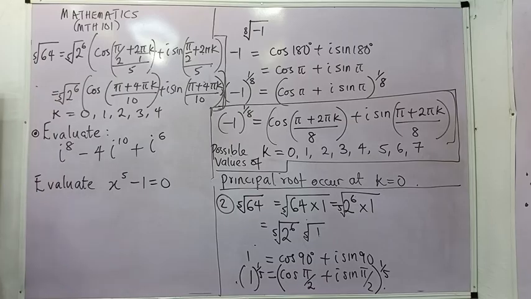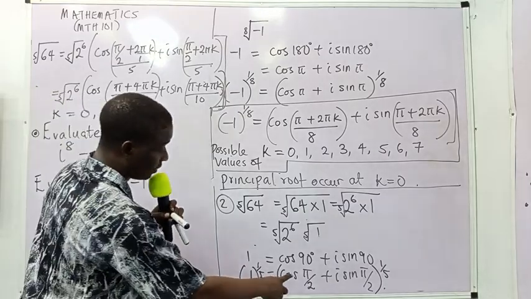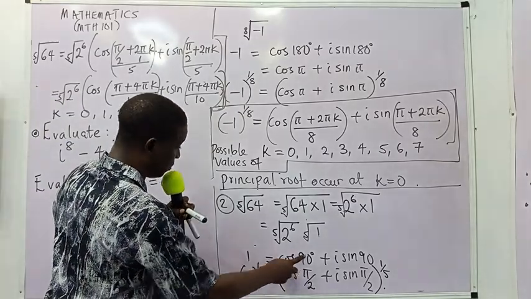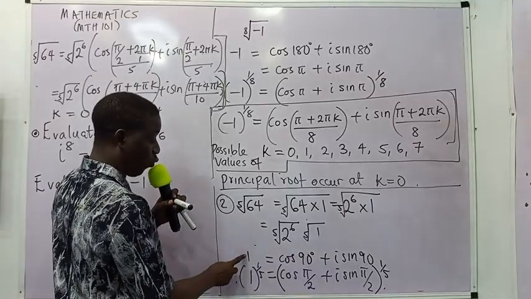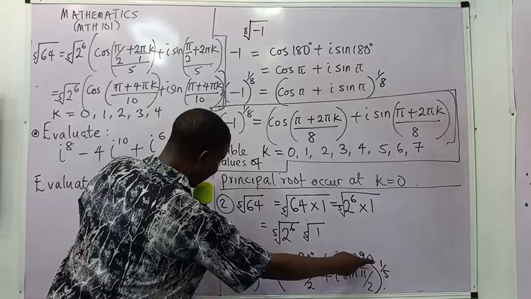But in case they present it in another way, then you can go for other ways by which the question can be presented. Now, why do I do that? Don't forget that cos 90 is 0, while sine 90 is 1.